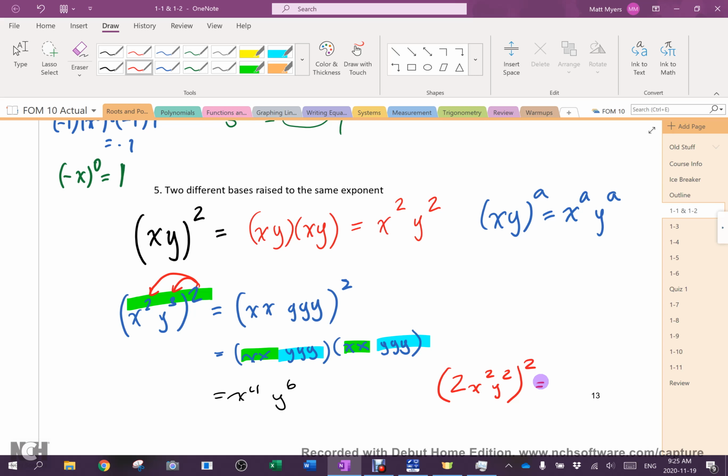Remember, all your math applies. And you don't need to write down the work. You could just write down the answer if you can get it in your head. That's cool too.